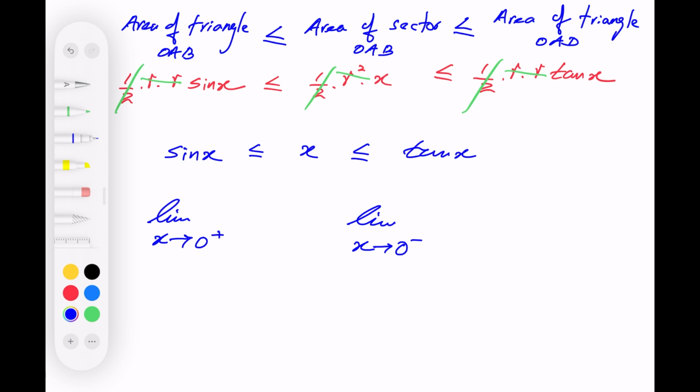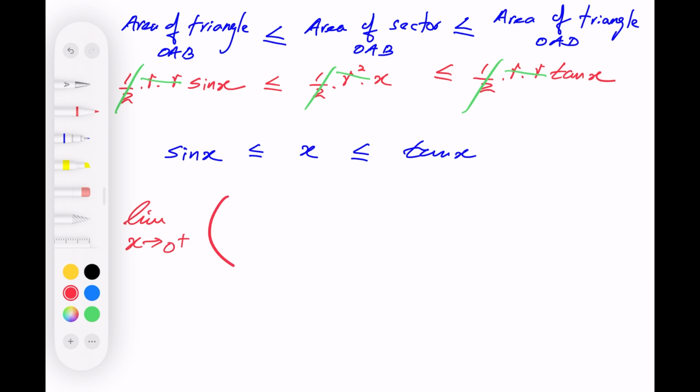So the first thing I'm going to do is to pay attention on the limit as x approaches to 0 from the right hand side. So let's look at this inequality as limit x approaches to 0 from the right hand side. Let me open some parentheses and write down the inequality as it is. We have sine x being less than or equal to x, which is being less than or equal to tangent x. Let me close parentheses.